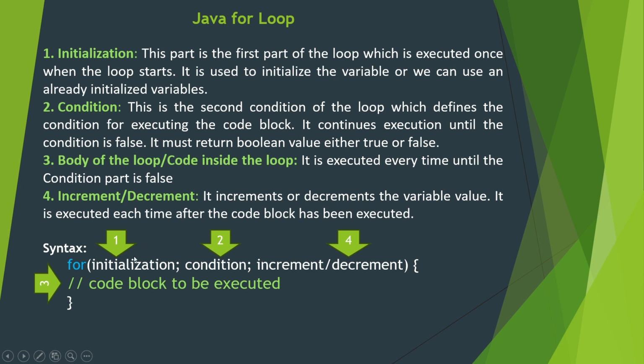Now it will not come to initialization again because, as I have explained, this is the first part and it executes only once. So after the condition, the block of code, again increment or decrement, condition, block. It will execute like this: 2 3 4, 2 3 4, 2 3 4, after initialization, obviously. So the execution of the for loop happens as first, second, third, fourth, and after this 2 3 4, 2 3 4.